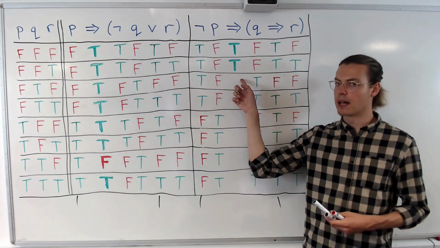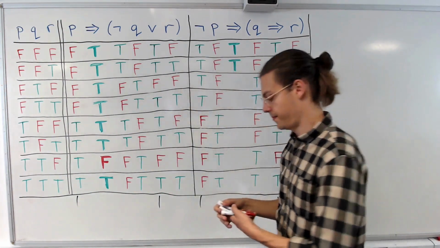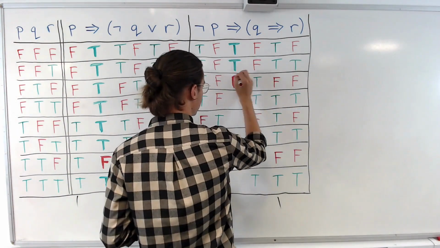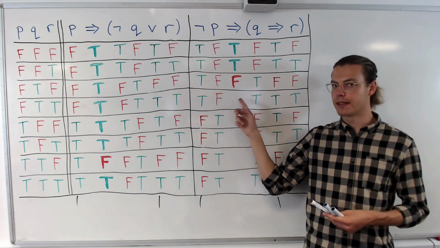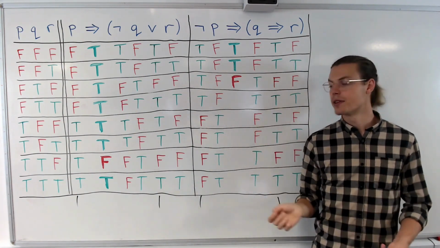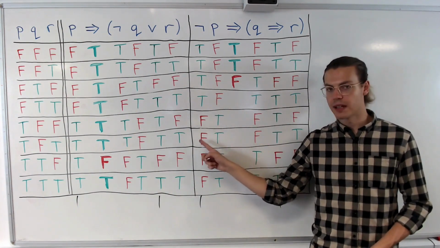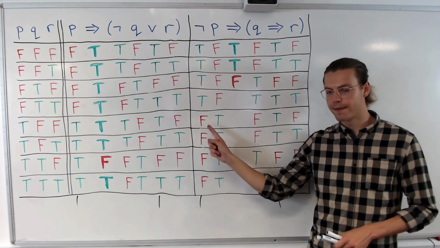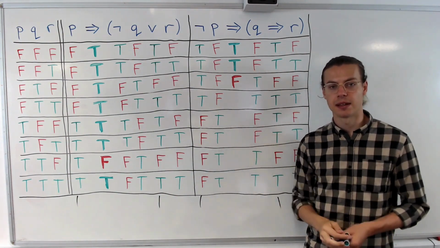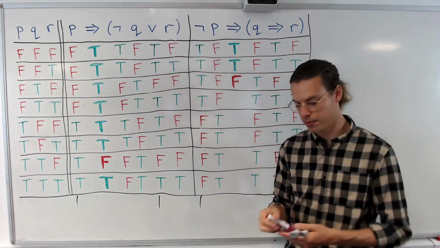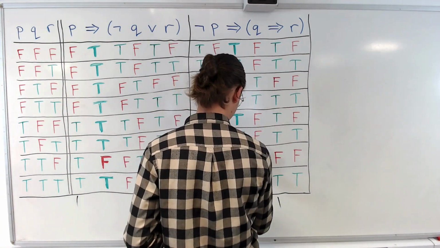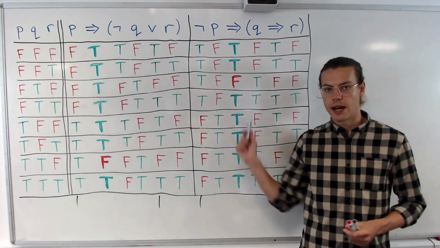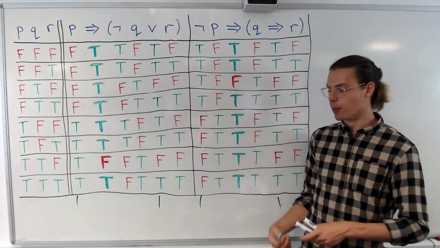Then true implies false, that's false. Then we have true implies true, which is true. And the remaining 4 rows are all false implies something, and that's always true. And there are the truth values of our second formula.